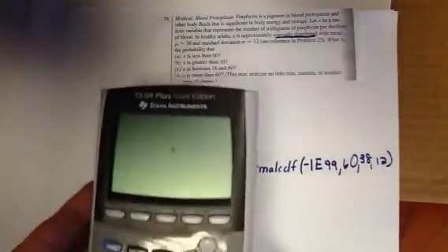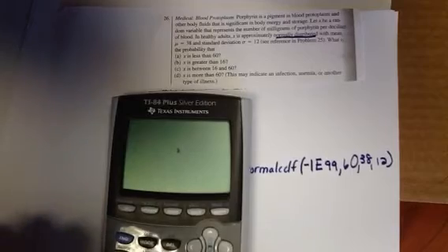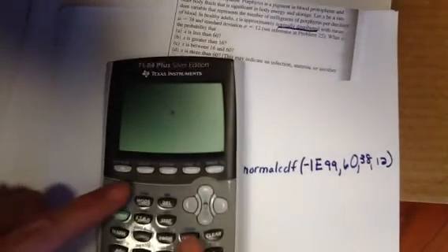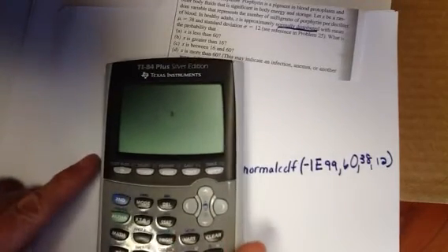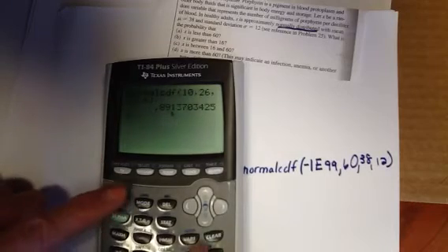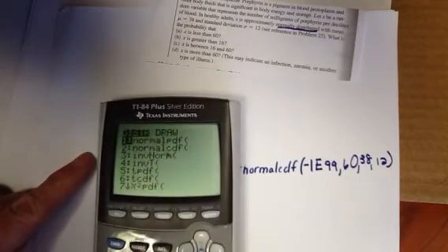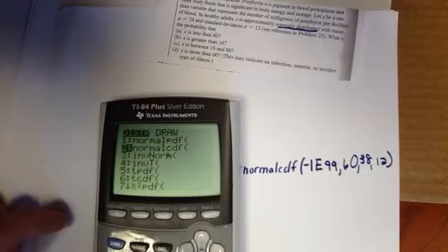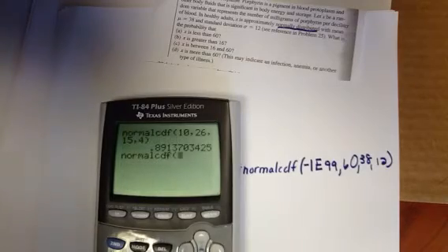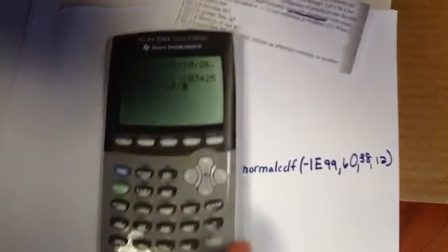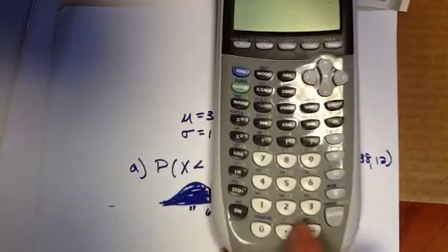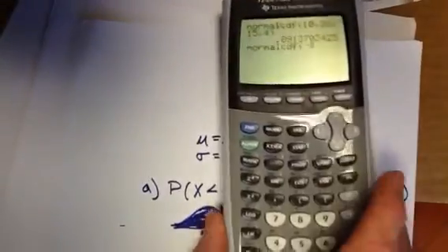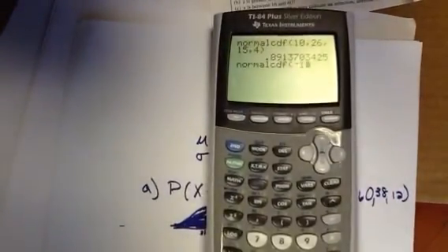So we put that into our calculator. We go second vars, like we did before. Second vars. We go to normal CDF. Now some of your calculators may ask you lower and upper. So the way we put negative 1 E99, make sure you use this negative button, not the minus sign. So we do negative 1.